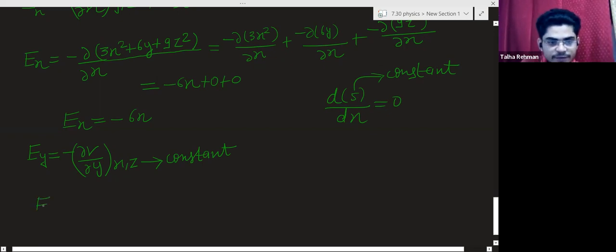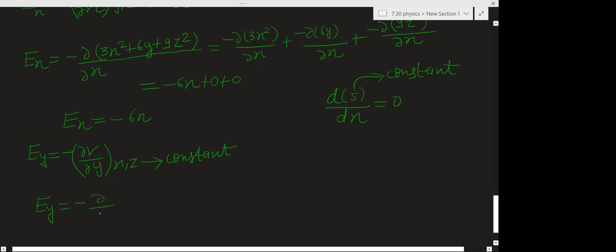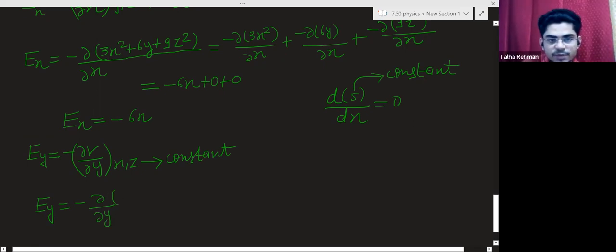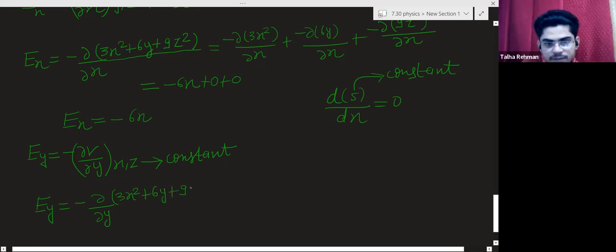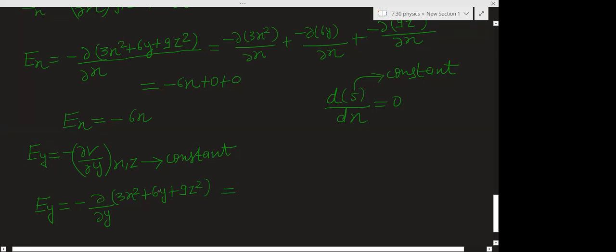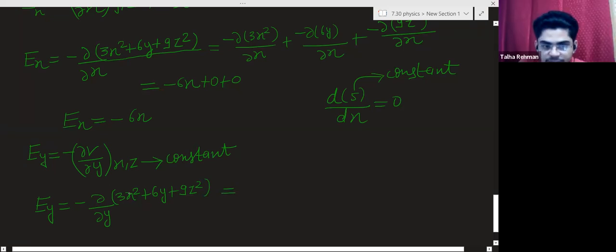So if I want to calculate Ey, I have to write minus del by del y of 3x square plus 6y plus 9z square.